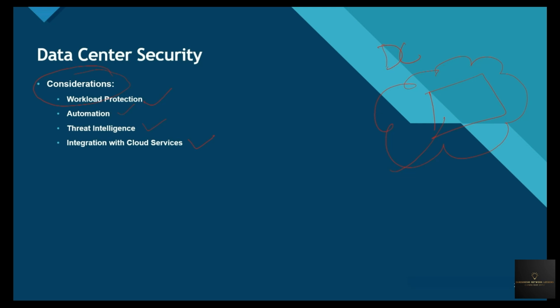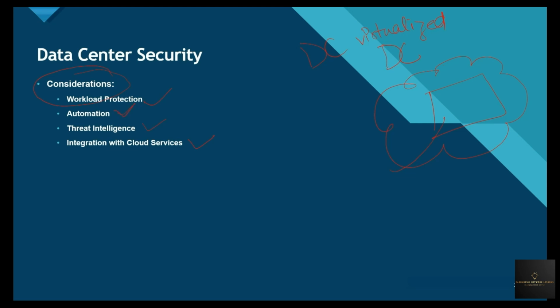For example, in a DC, you will obviously have a virtualized environment, with lots of virtual servers and lots of applications deployed on them. So you have to consider those workloads and apply security based on their sensitivity level. Next is automation.